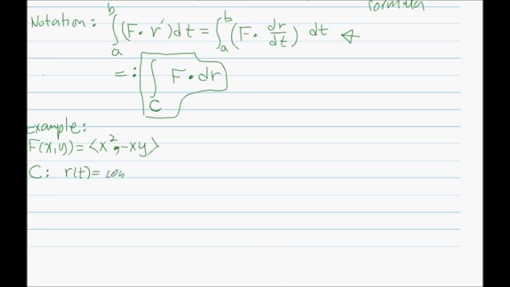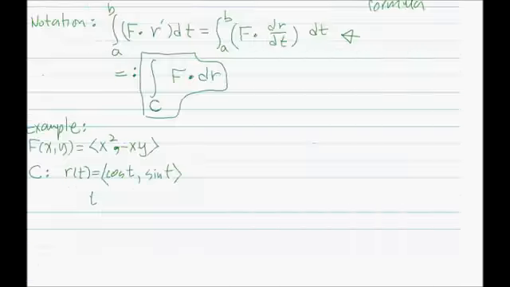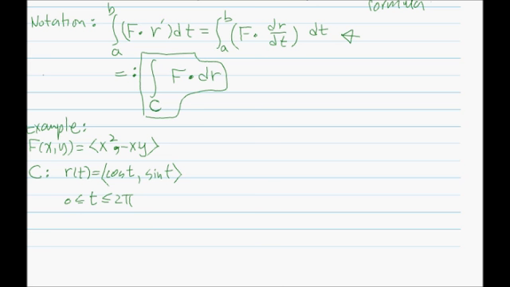So it comes with the parameterization, the orientation. It's cosine t, sine t, and t is varying from 0 to pi over 2. Okay, so they wanted us to calculate the work done by the force field. Find the work done by the force field.